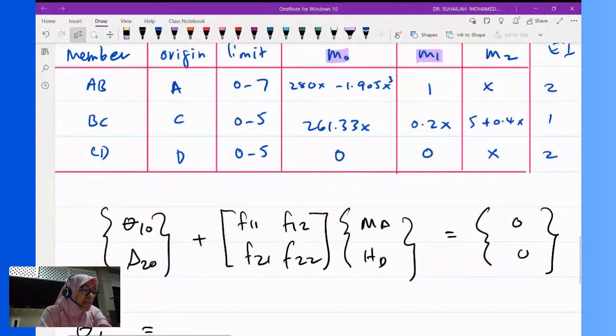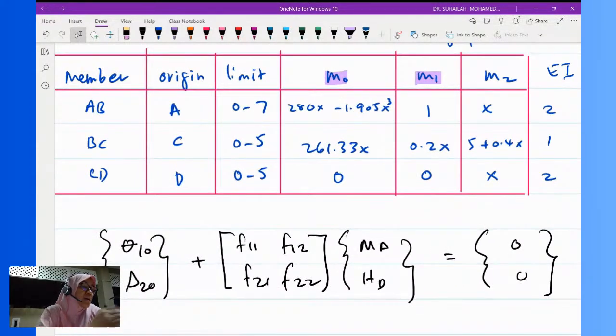Calculate theta 1 naught. Theta 1 naught means this one divided by 2, plus this and this, and this one is 1 EI.